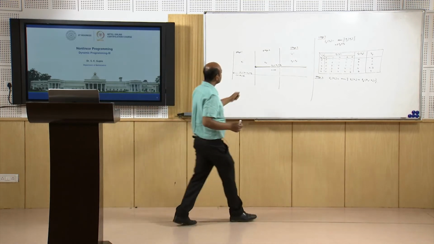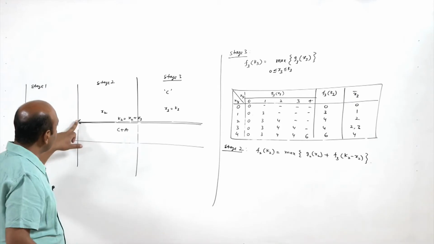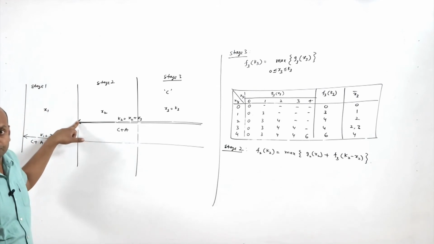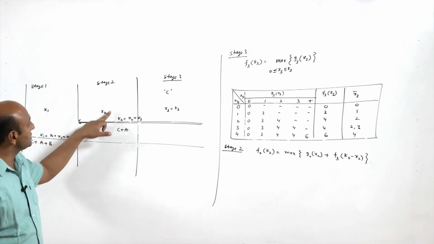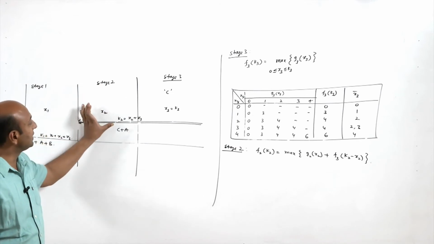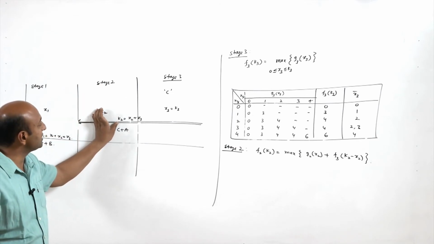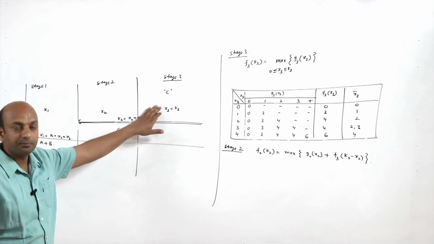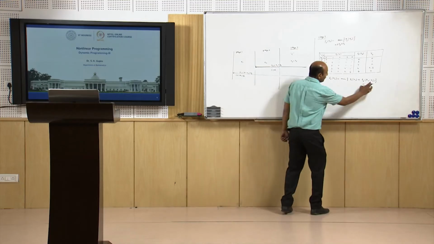K2 is the amount available up to stage 2, and x2 is the availability in this stage, for plant A. So, the difference will give the availability for stage 3.